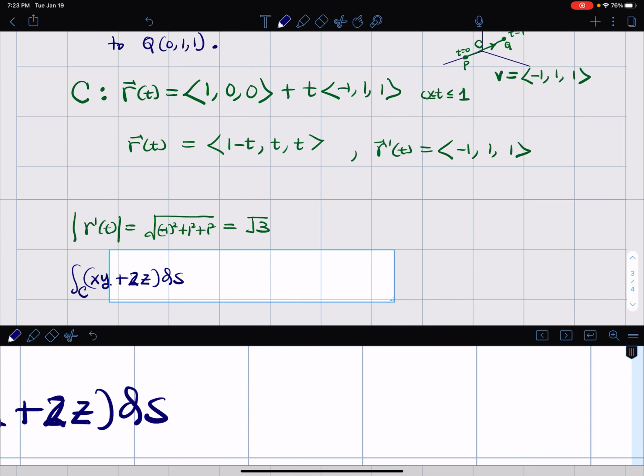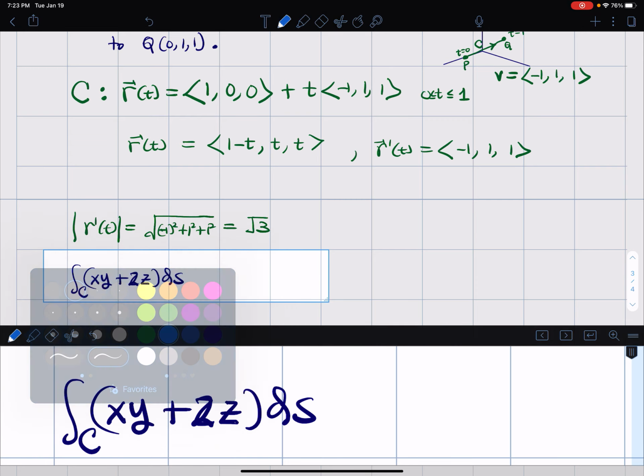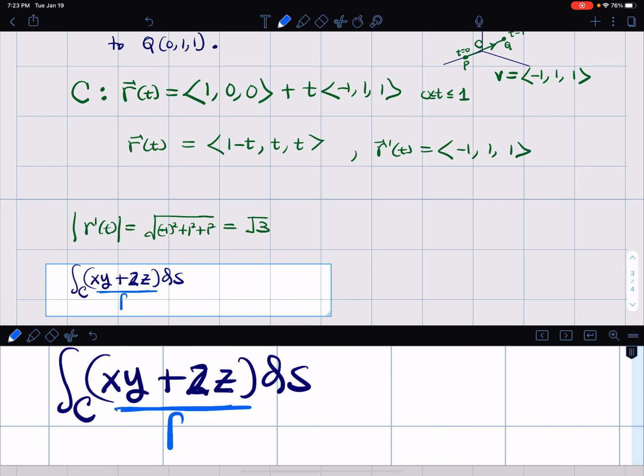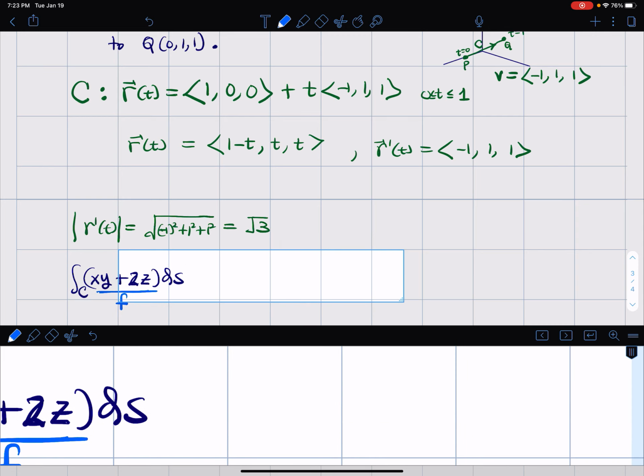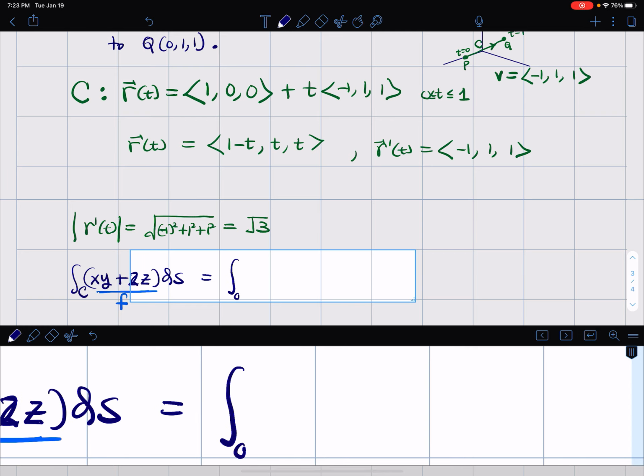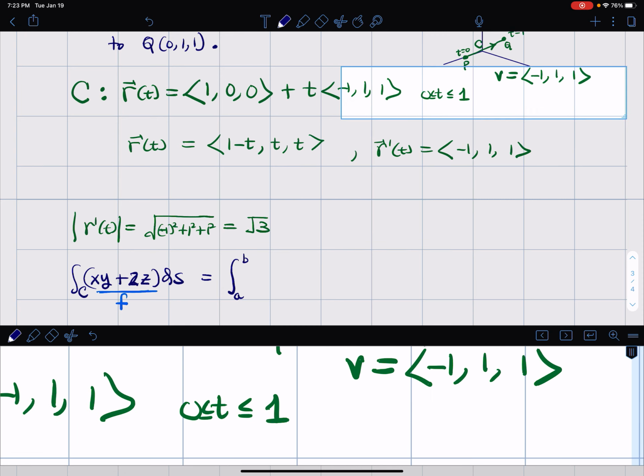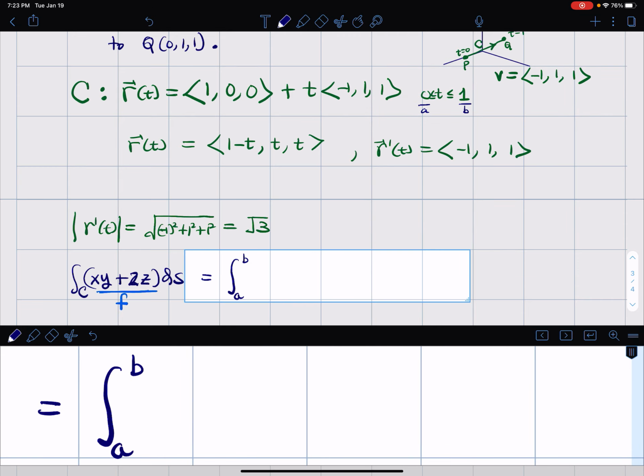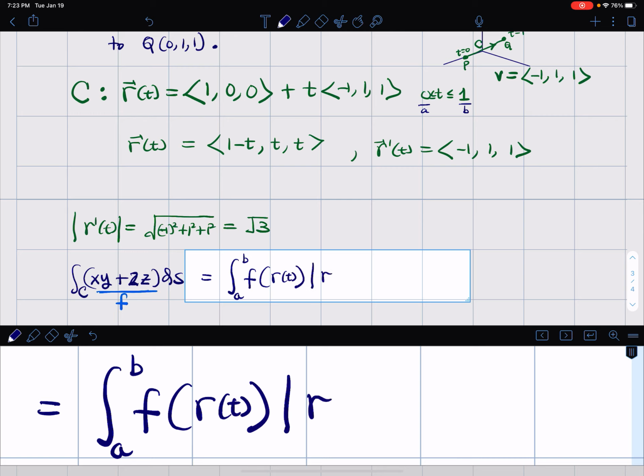If you call this your f, then remember that this line integral is the integral from a to b of f of r of t, magnitude of r prime of t dt.